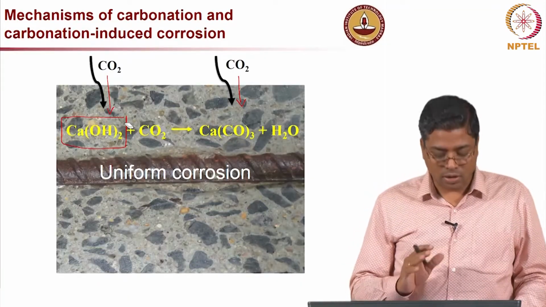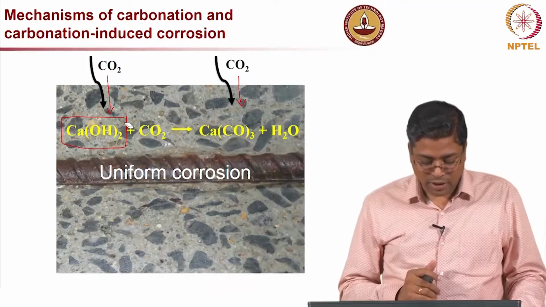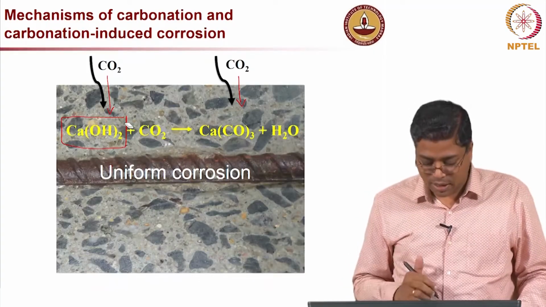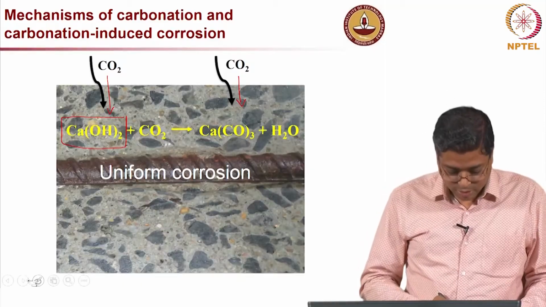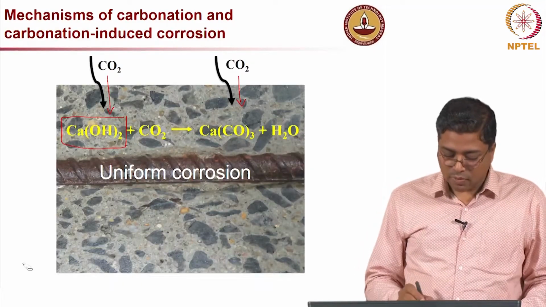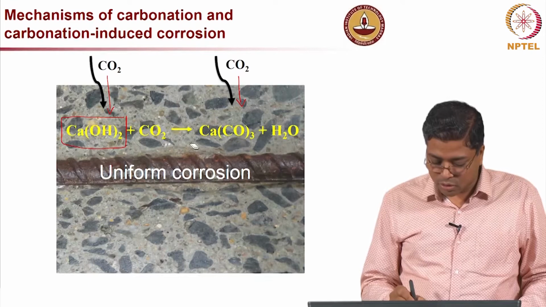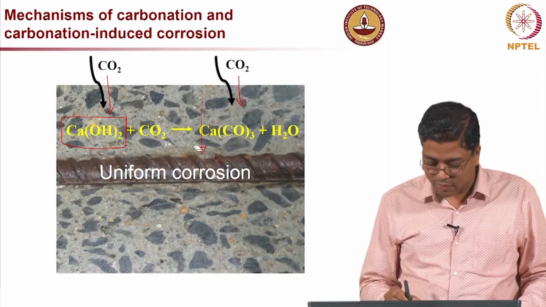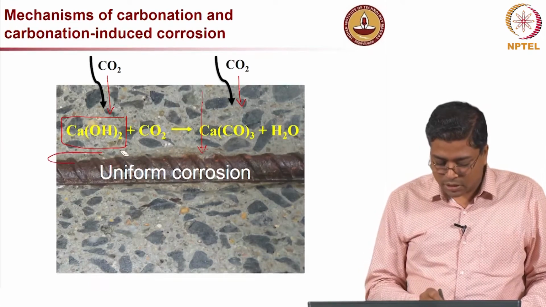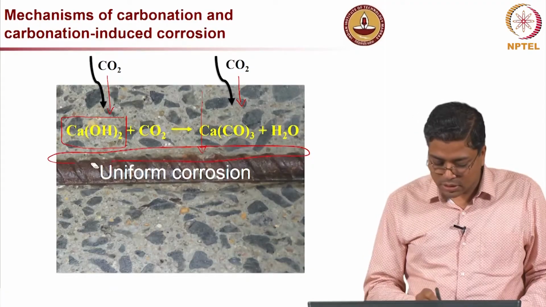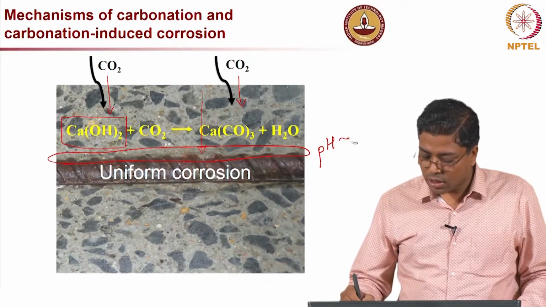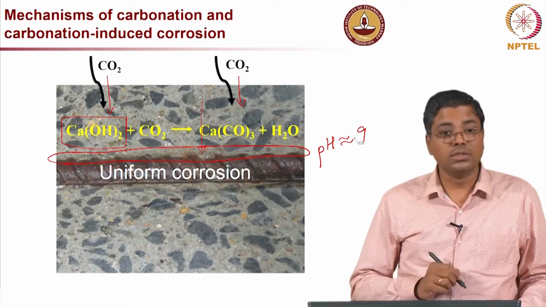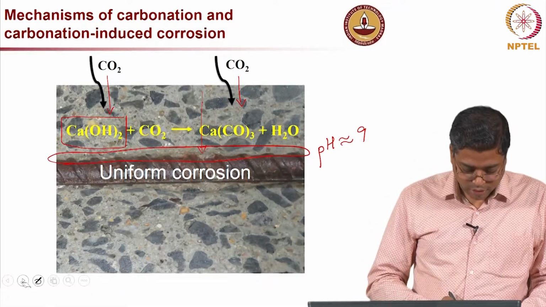Of course, concrete has a high buffering capacity. However, there may be a case when a lot of reaction happens, then the pH will reduce. If the CO2 penetrates and reaches up to this level, and the pH of the concrete around the steel reinforcement becomes about 9, then the steel will start corroding.